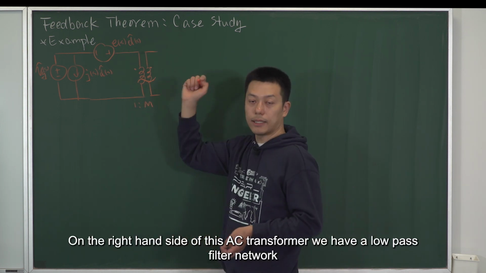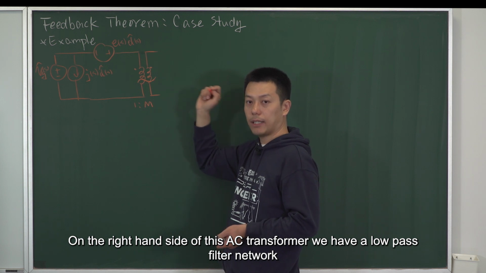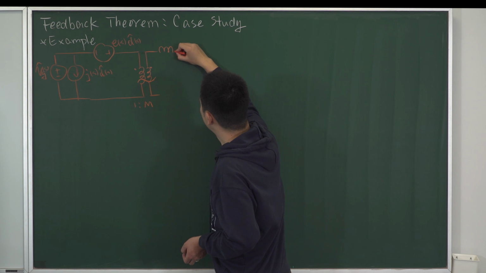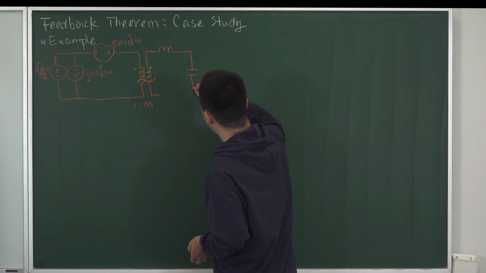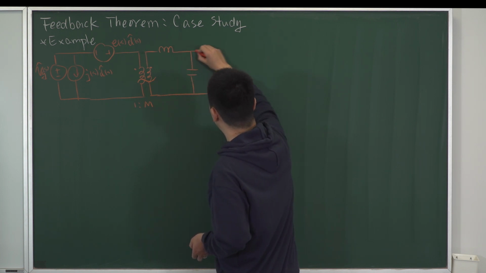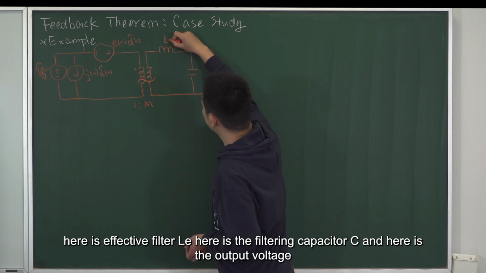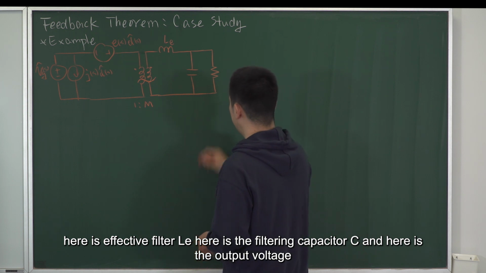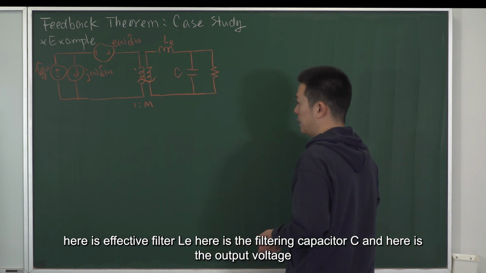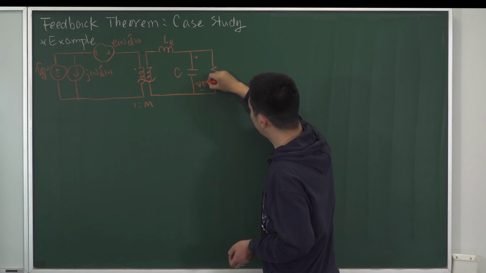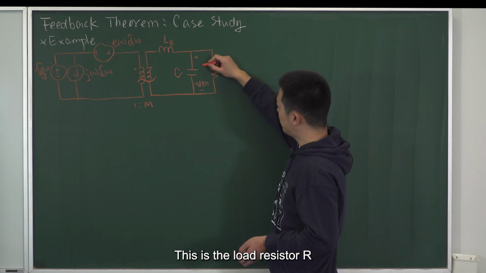On the right-hand side of this AC transformer, we have a low-pass filter network. Here is the effective filter inductor, Le. Here is the filtering cap, C. And here is the output voltage. And this is the load resistor, R.